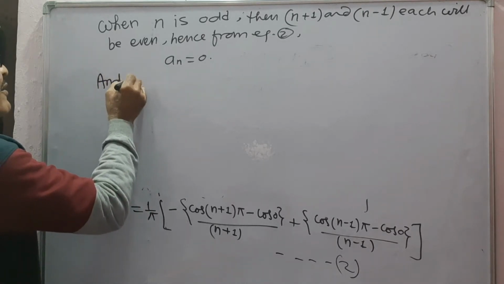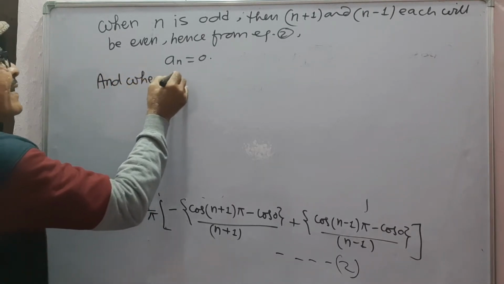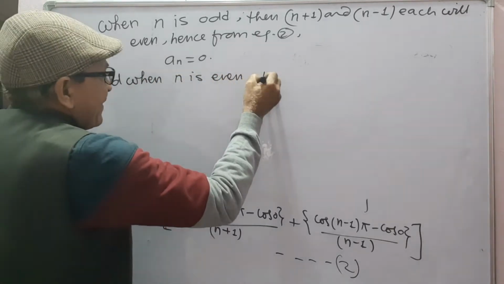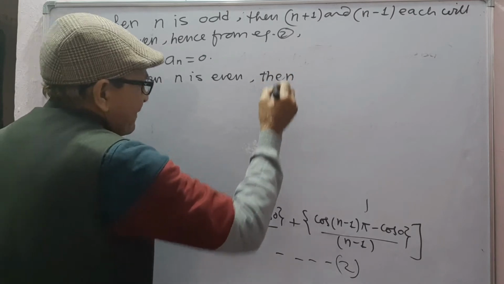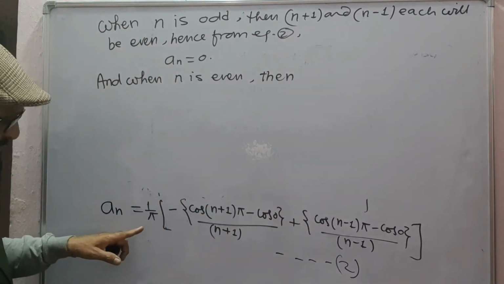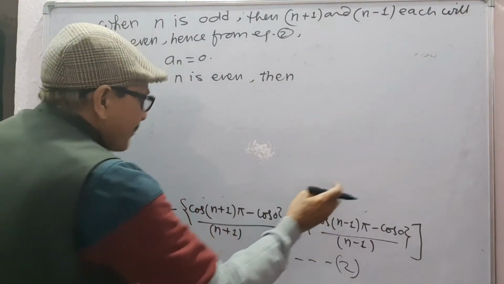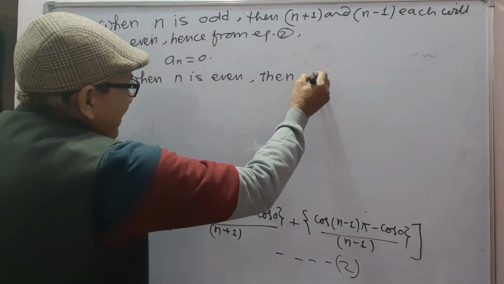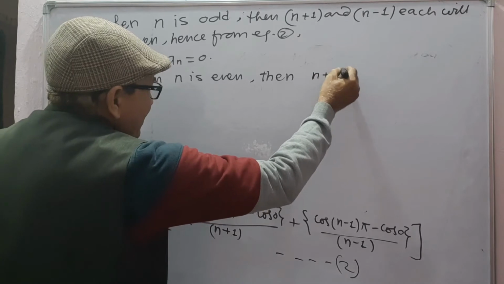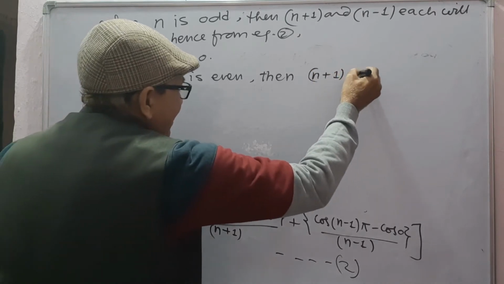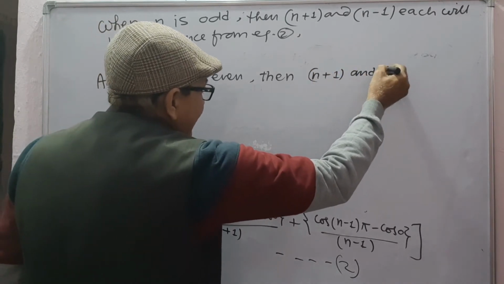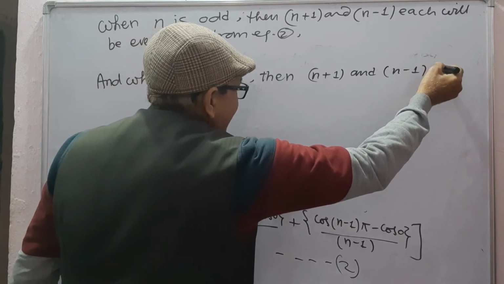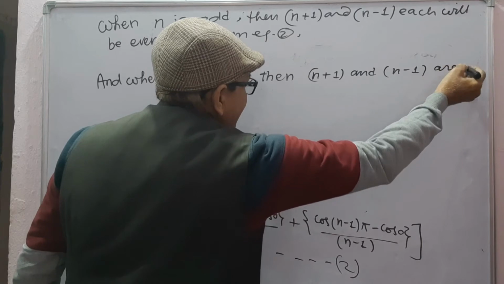And when n is even, then n plus 1 and n minus 1 are odd.